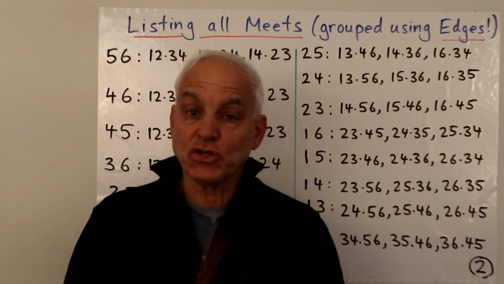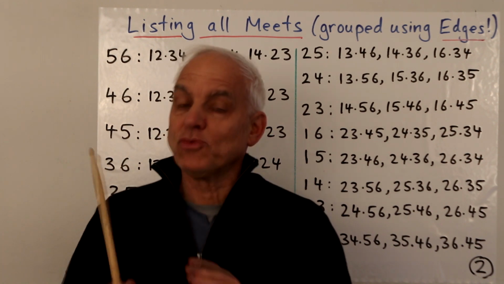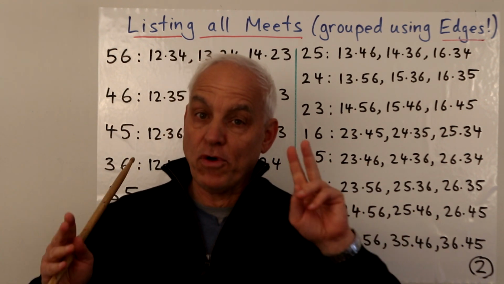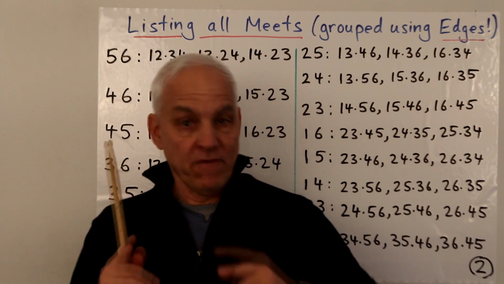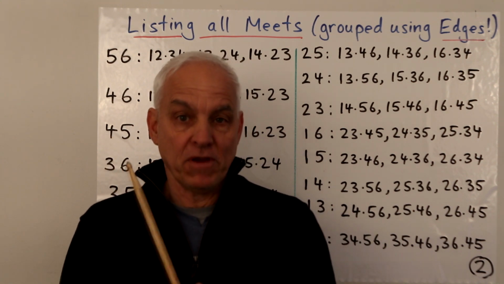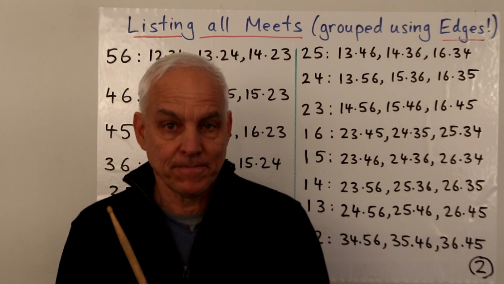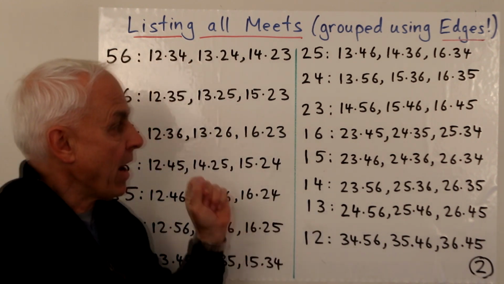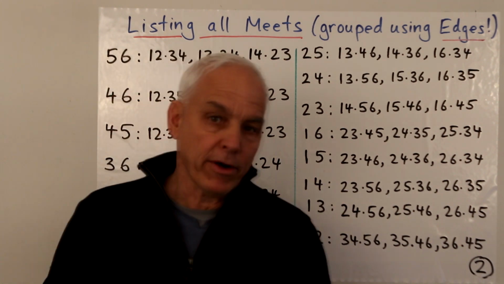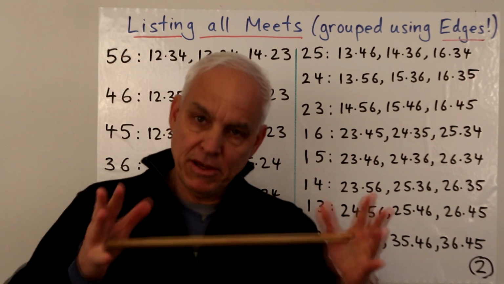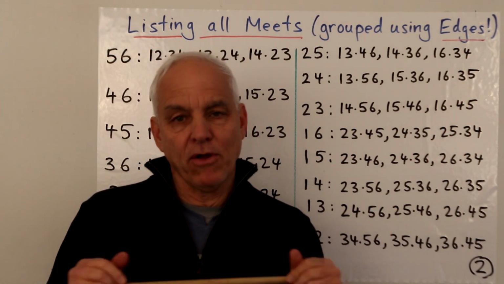So in my first lecture, I gave you a homework exercise, which was to list all 45 meets, therefore verifying that there are indeed 45 of them, as I've claimed. Now, I'm going to present a solution to that homework, which maybe is the one that you've obtained, but maybe also different.